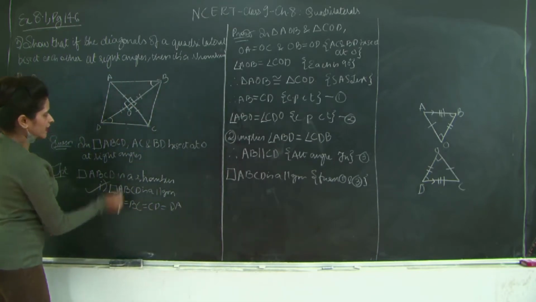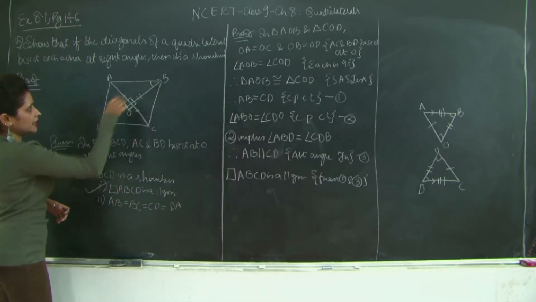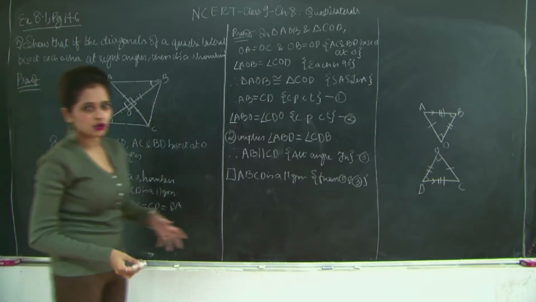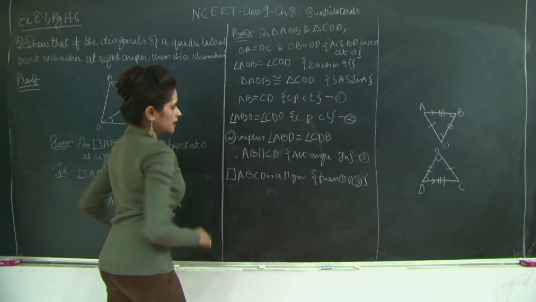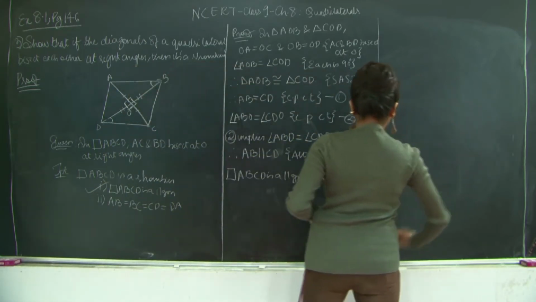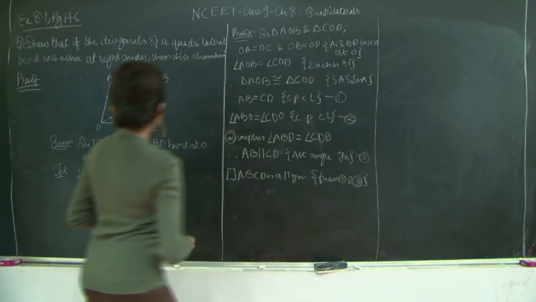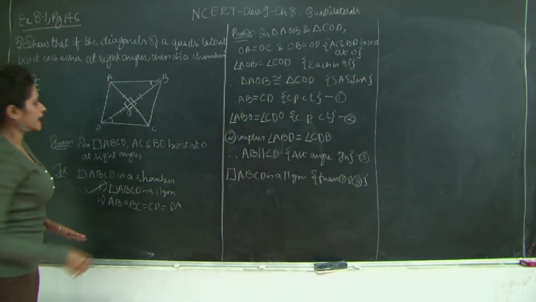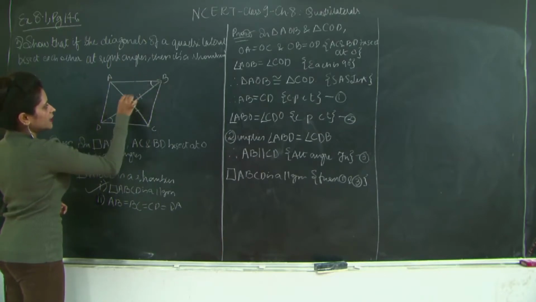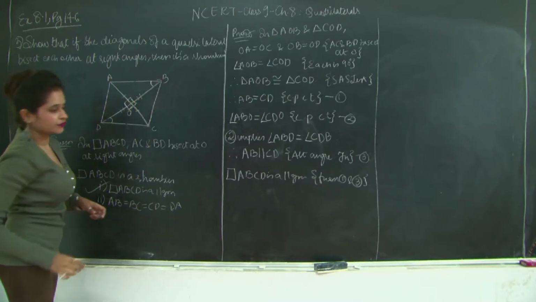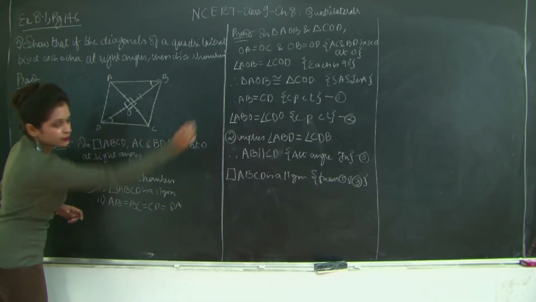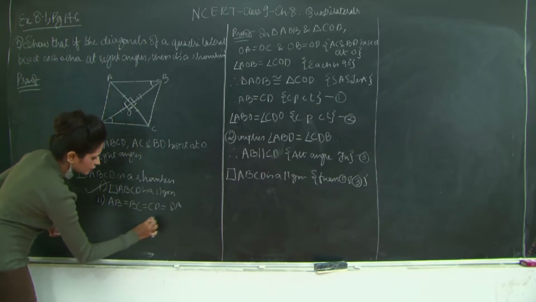Now, I need to prove that each of these sides AB, BC, CD and AD are equal to each other. So, let's go ahead and prove these sides equal to each other. What we are going to do now is take two triangles again. Which are my two triangles? Let's say I'll take triangle ABO and triangle CBO. So, let me draw my triangles over here for reference because we'll be needing that space.